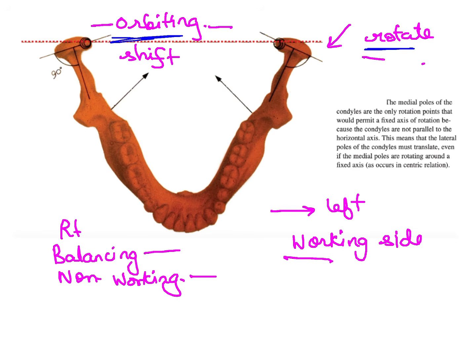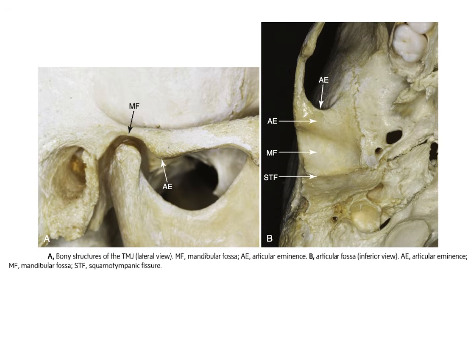Okay. Now, what happens on the orbiting condyle? Suppose you move your jaw to the right side, then the left side condyle is shifting. If you move your jaw to the left side, then your right side condyle is shifting. This lateral shift of the non-working or the balancing condyle is known as Bennett movement. Supposing this is where your condyle is located, this is your medial pole, this is your lateral pole.